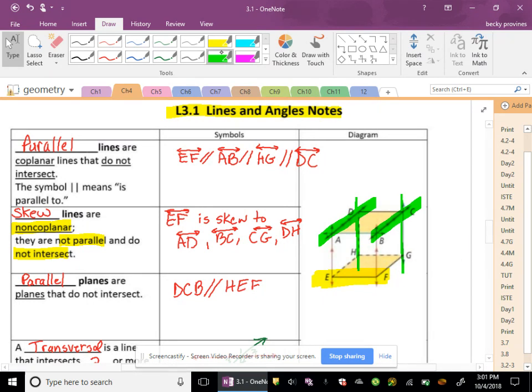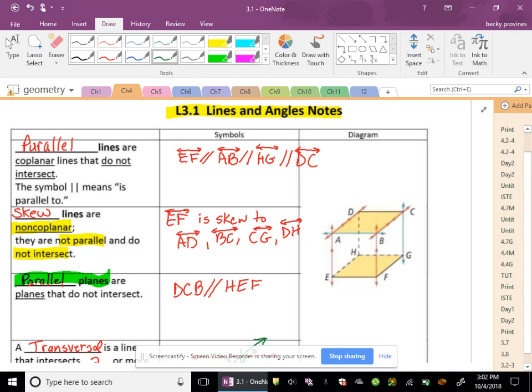Now the word parallel, we can have planes as well that are parallel. So when I look at this picture, I notice the top and the bottom plane are shaded. So let's use those. For the top plane, we use any 3 of those letters. I chose DCB. Now you could choose anything you want.